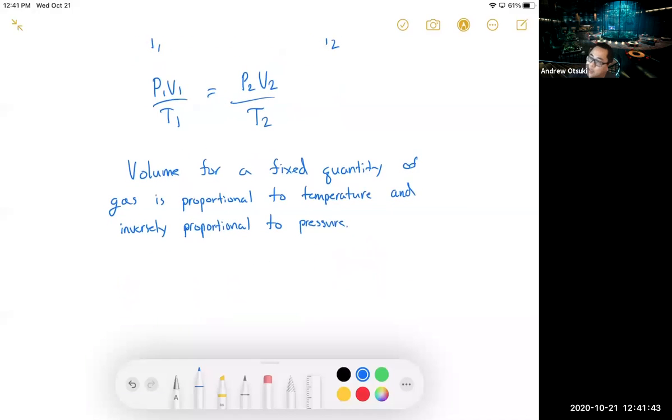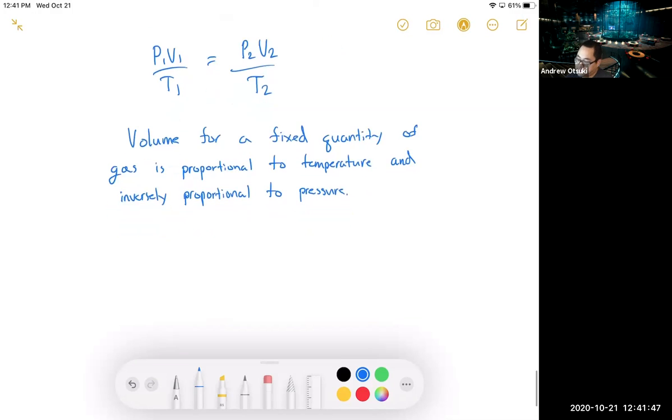That's just a summation of Boyle's and Charles's law. Okay. All right, now let's put the pieces together.